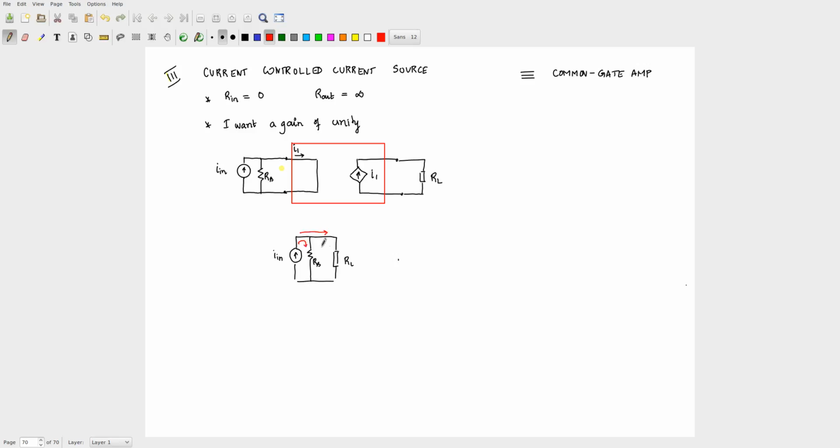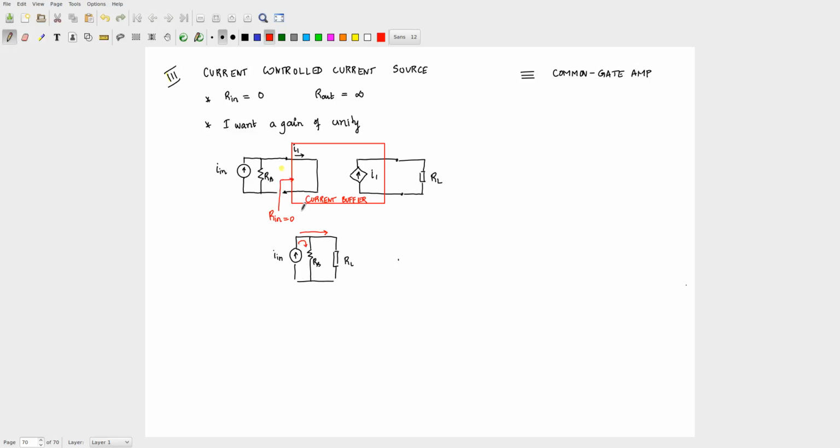We don't want this kind of situation, so we use a current buffer. So what will the current buffer do? Because the input impedance of this buffer, looking in here, your R in is 0, right. So what will happen to the current? Will any current flow through RS? Why?